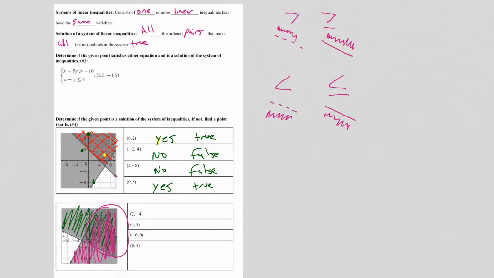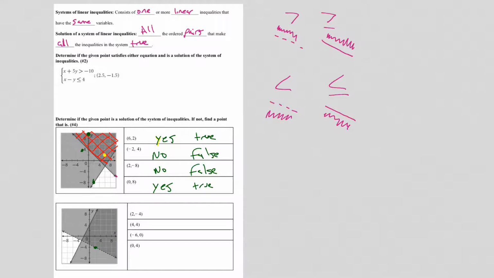So I'm going to erase these colors for the moment. Right, and now we have to ask ourselves, you can tell it's the darkest of the 3 or 4 regions there. Is the point 2, negative 4 within the darkest shaded area? So I find 2, go down negative 4, and it's right there on the line.